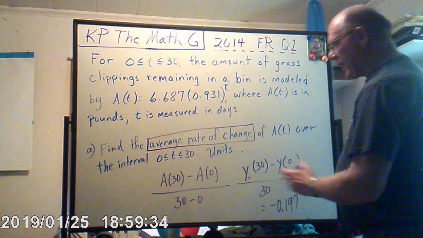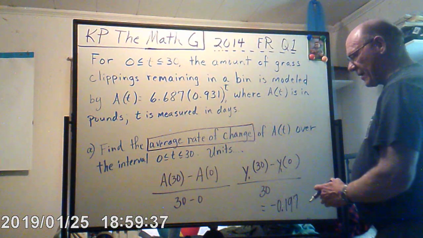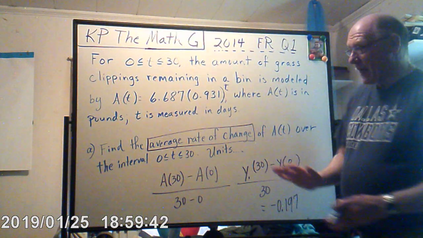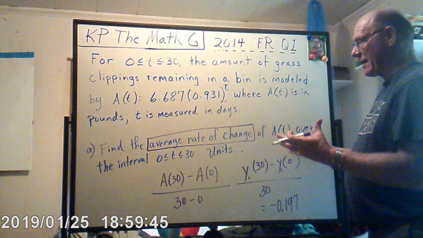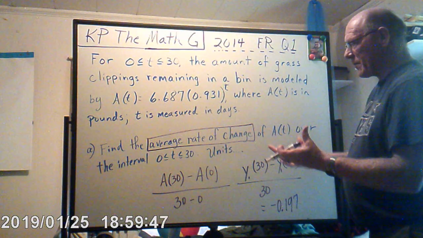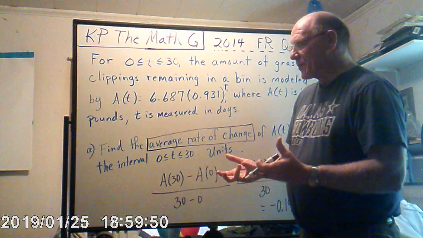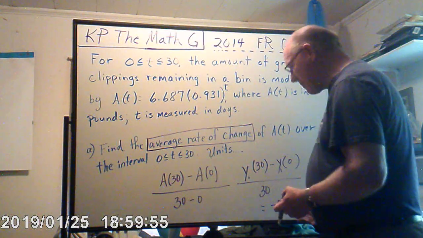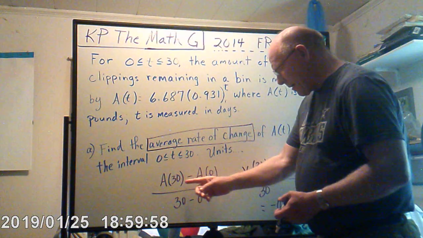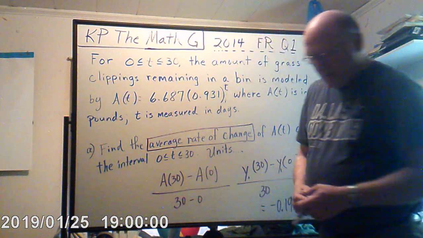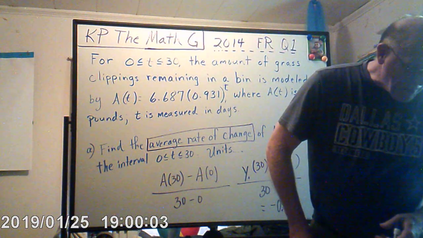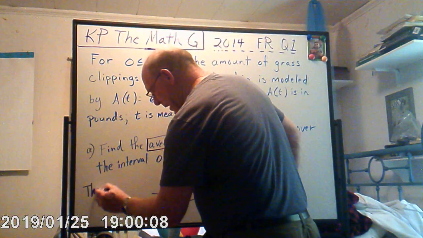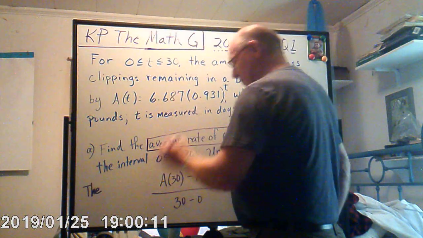Since this is negative, what you can say is that the amount, which has to do with grass clippings that are in a bin, they do decompose over a period of time. So this is the average, and we're still dealing with amount.